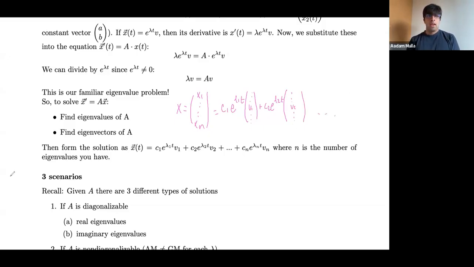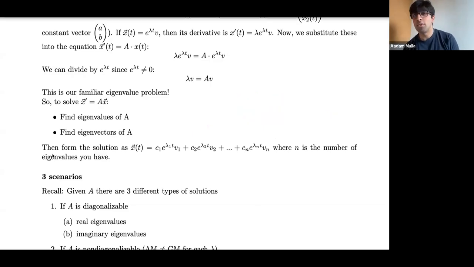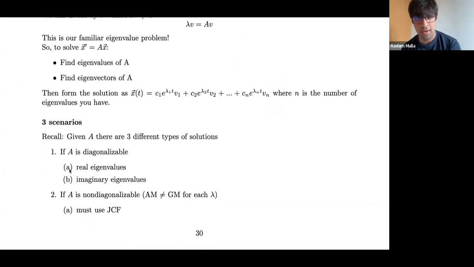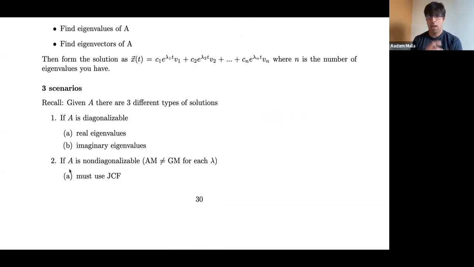Now, this is probably the most confusing, most annoying part of the course. For a matrix A, there are three possible scenarios. Scenario one, it's diagonalizable. Scenario two, it's not diagonalizable.